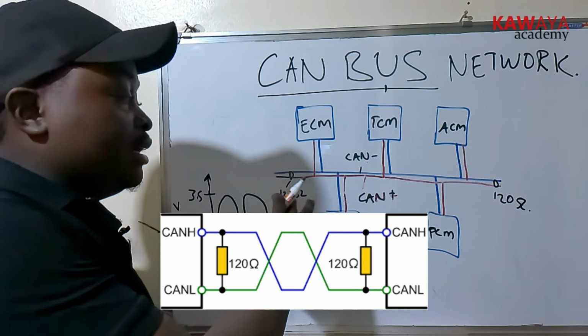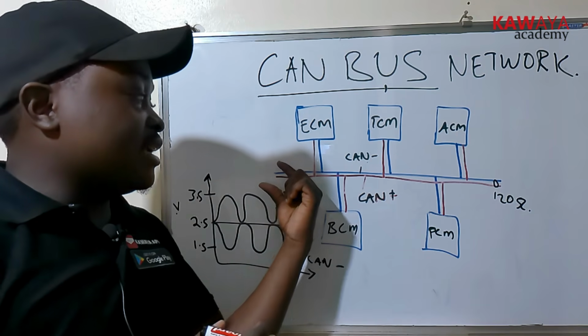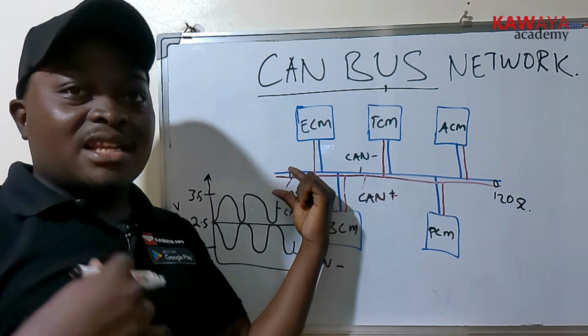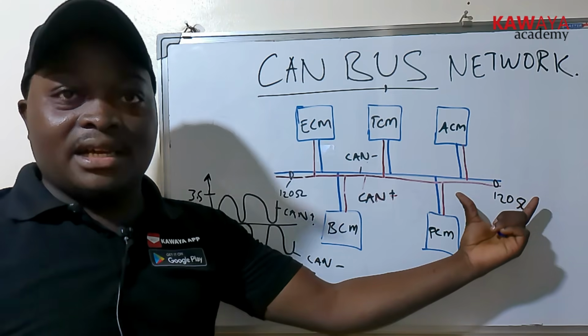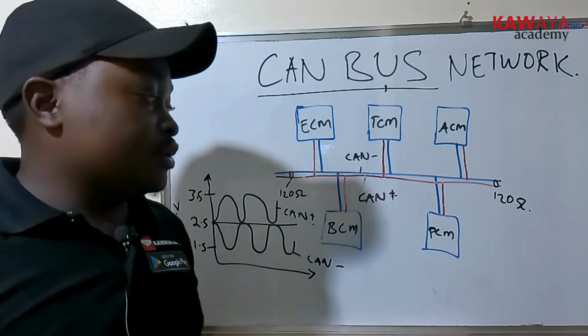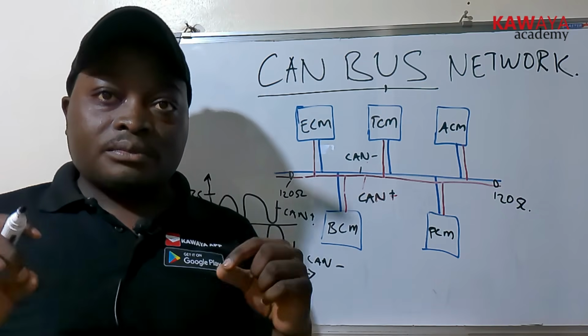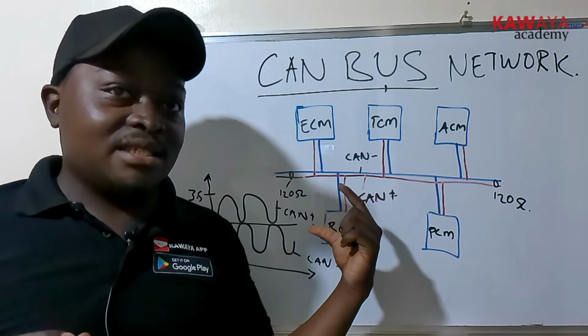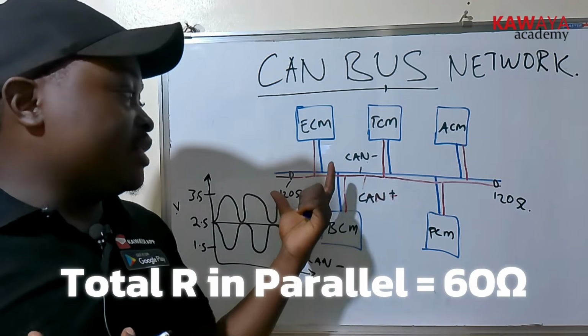That's why you're seeing these two resistors. They can start in the ECU, or somewhere else, and end maybe in the instrument cluster and so on. If you're measuring resistance in the CAN bus network, the resistance is 60 ohms.